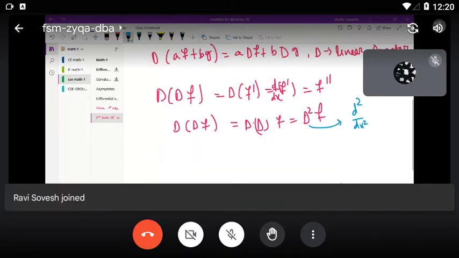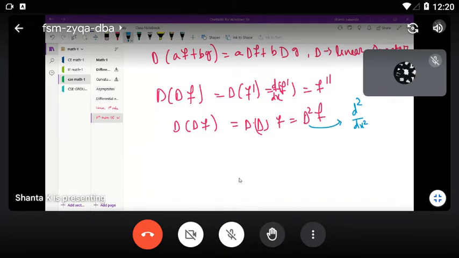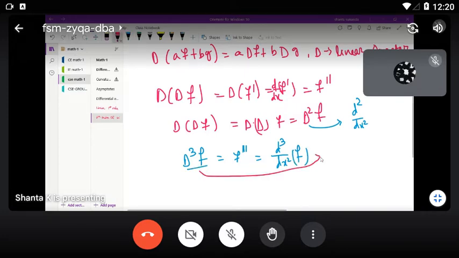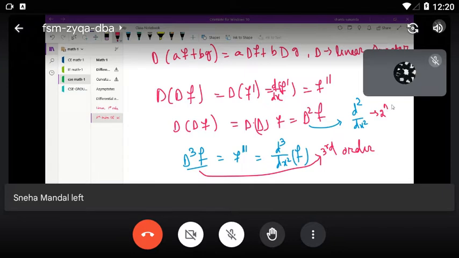Similarly, we have D cube, and the powers of D will give you the order of the derivative. Suppose we have D cube f, it will be the third order derivative with respect to x, and this is the second order derivative.